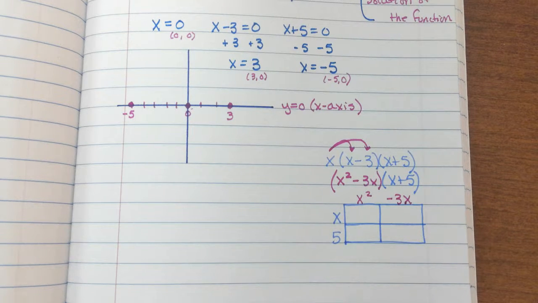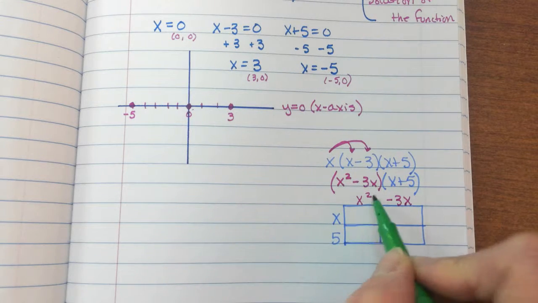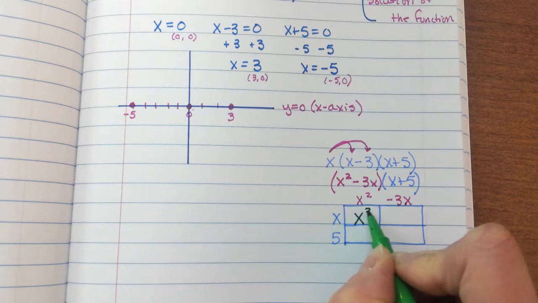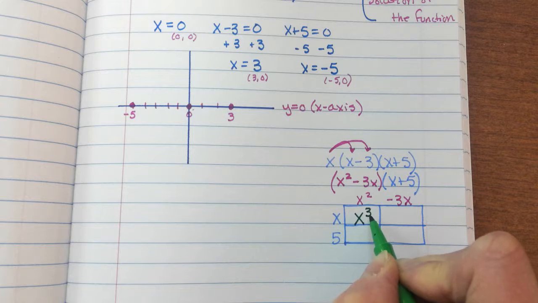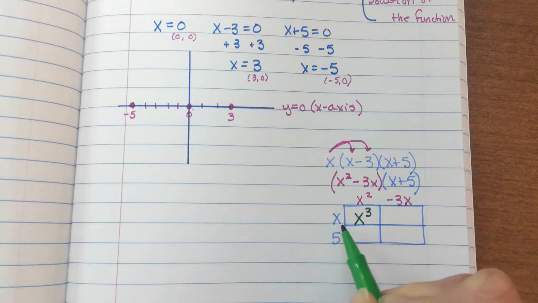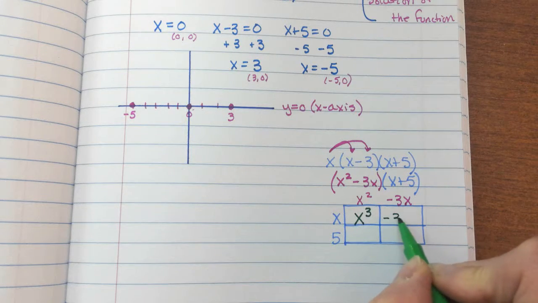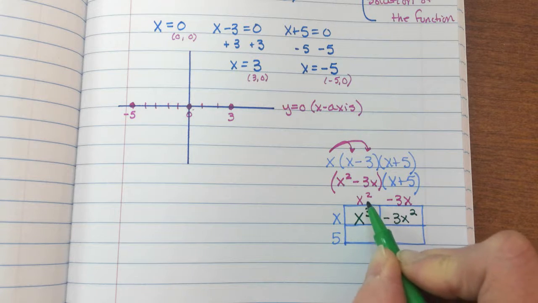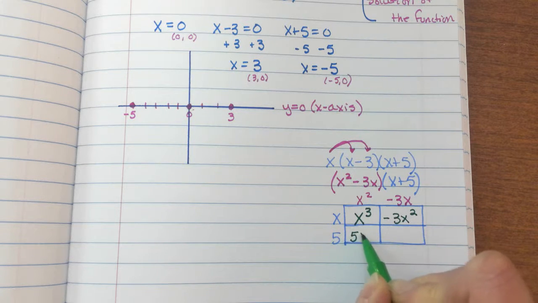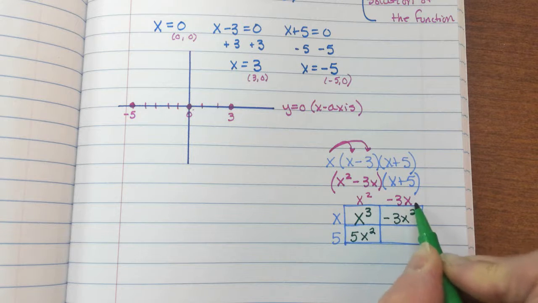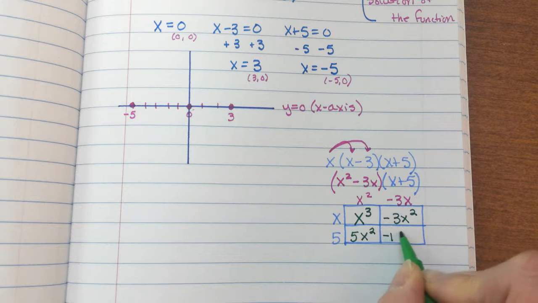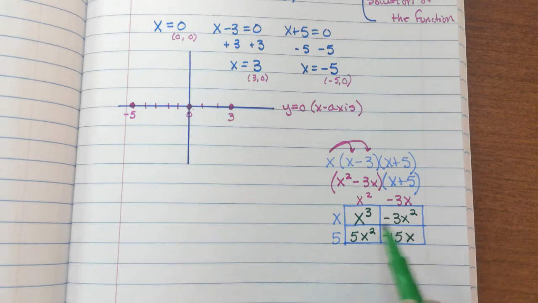When I multiply, x times x squared gives me x cubed. That's going to be my highest degree. Negative 3x times x gives me negative 3x squared. x squared times 5 gives me 5x squared. And negative 3x times 5 gives me negative 15x.